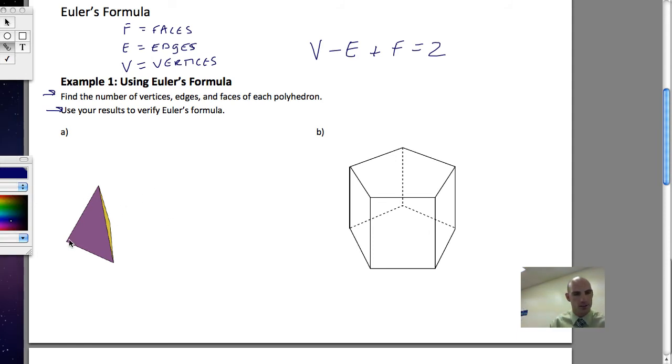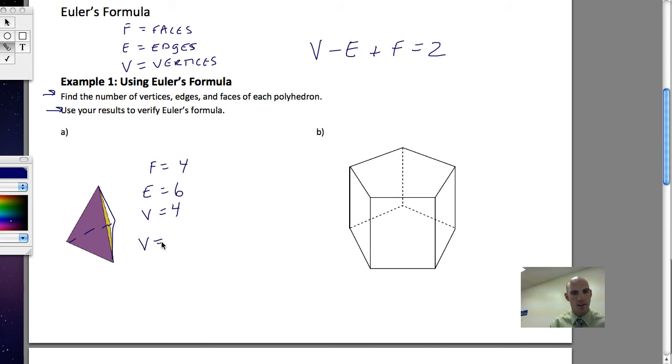And so when I look at this triangular pyramid here, you can kind of see the backside. It's a triangular pyramid. If I'm talking about faces, that's 4 because it's 1, the yellow is 2, the backside is 3, the bottom is 4. And the number of edges would be 1, 2, 3, 4, 5, 6. And vertices is equal to 4.